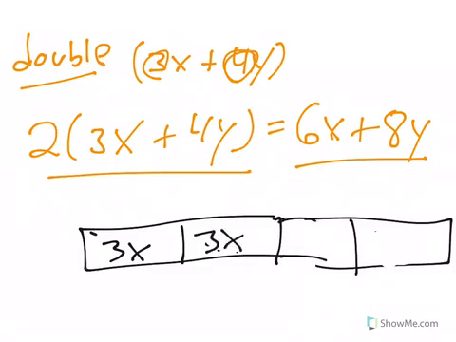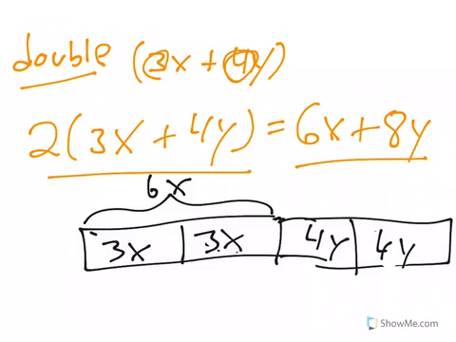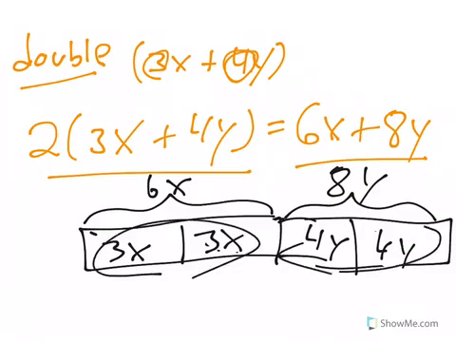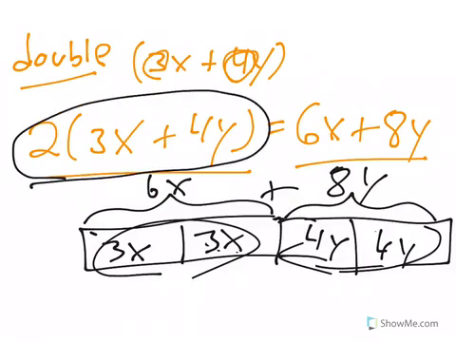The two 3x's go together. The two 4y's go together. And we see, well, we've got 3x and 3x is going to be 6x. We have 4y and 4y is going to be 8y. And you basically see that you're putting together 6x and 8y. So we have 2 times 3x plus 4y, or 6x and 8y.